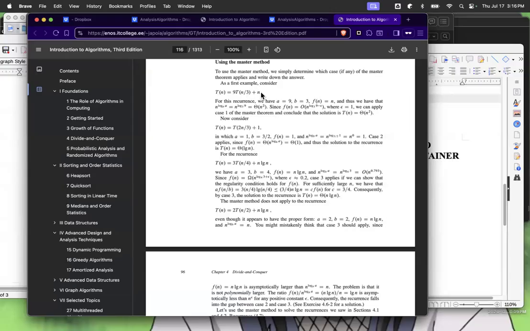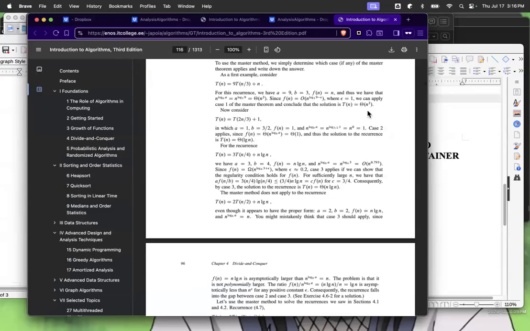Well, n is indeed less than n squared, right? So then the running time is going to be n squared. T(n) equals Θ of n squared, the running time of the first part.